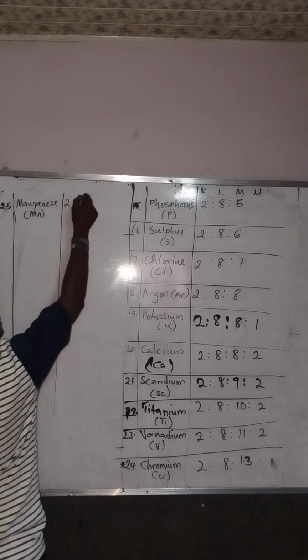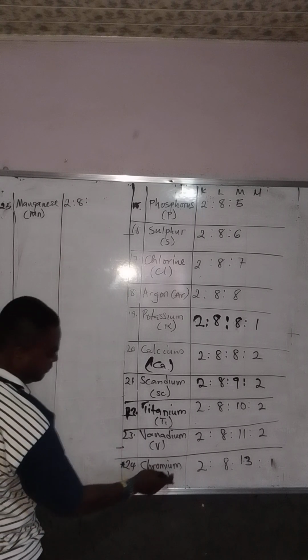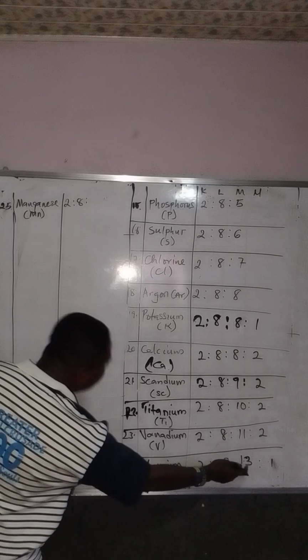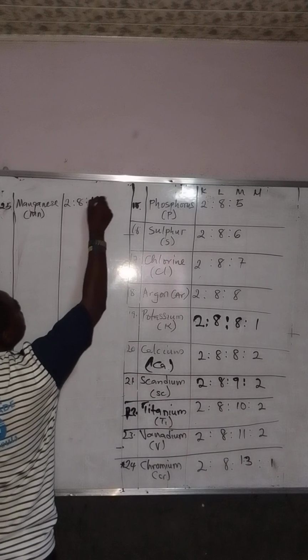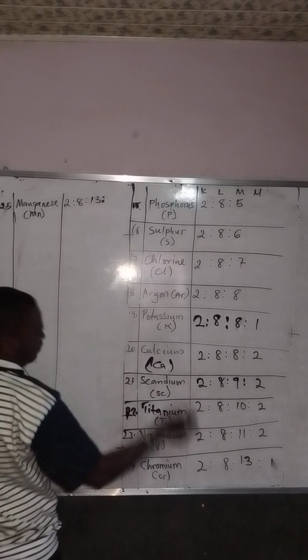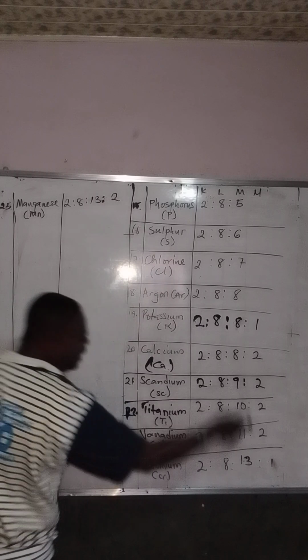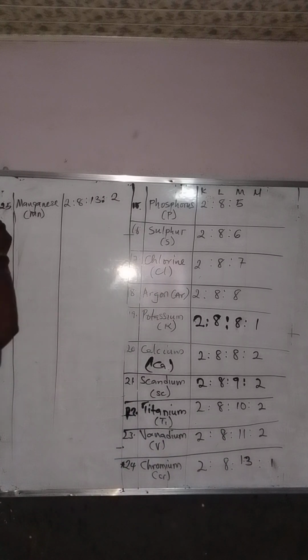That's 2, 8, and it is the one that's supposed to have 13. I think this one is 12, this one is 13. But it is different from chromium in that it will end in 2, while that one ended in 1. So you have it there.